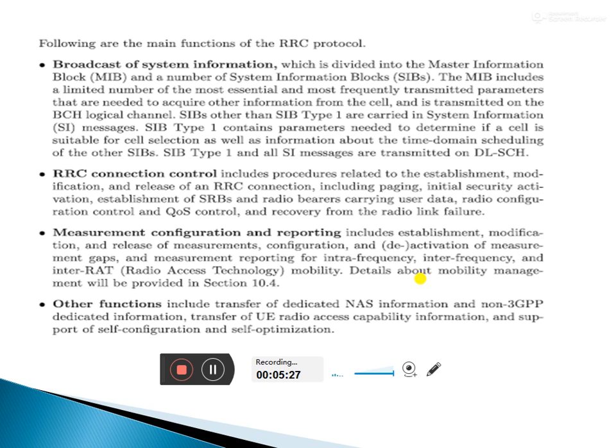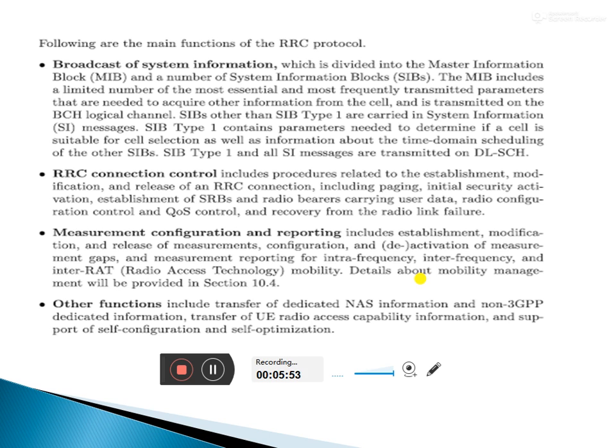If it is not suitable, the cell is re-established and checked again. After that, it can be sent through the DL-SCH, the downlink shared channel. So these are the two main important parts of broadcast system information: one is the MIB and the other is the SIB.